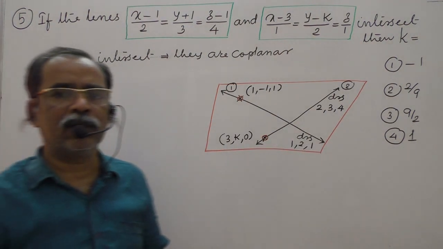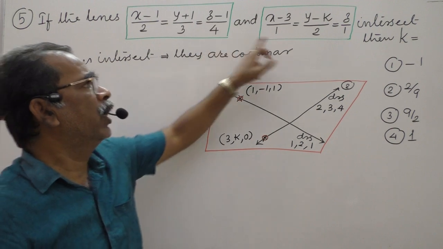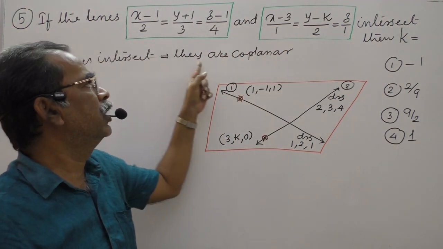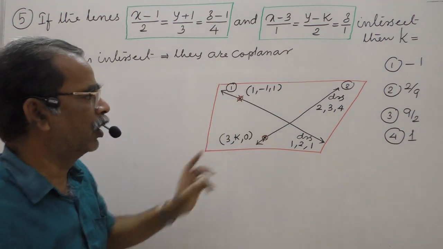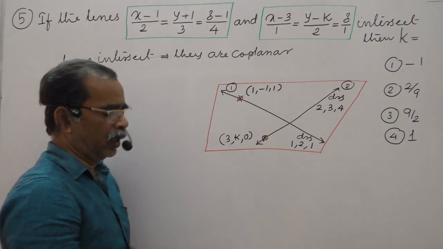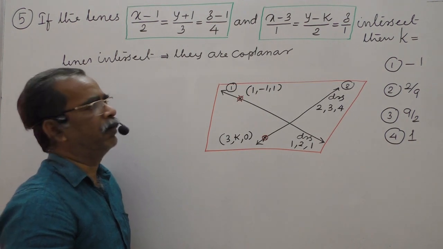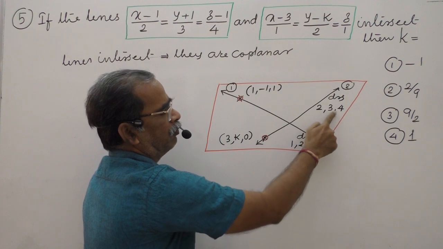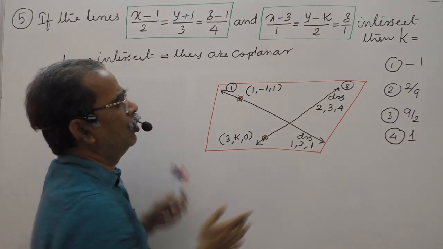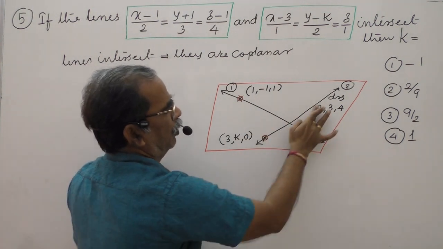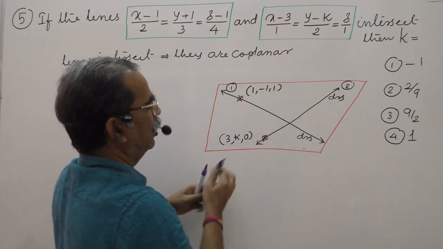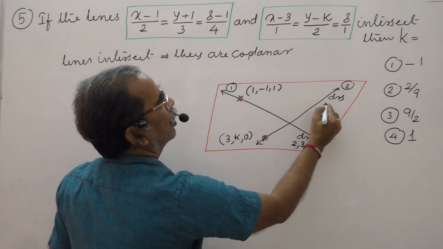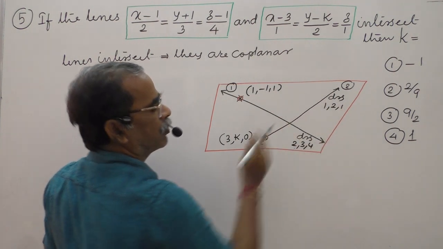Yes, now please concentrate. Two lines are given that they intersect. If lines intersect, then they are coplanar. So if they are coplanar, they will be lying on a plane. These are the DRs of the first line. I have taken them in reverse, no problem. This is the first line whose DRs are 2, 3, 4, and the second line's DRs are these.